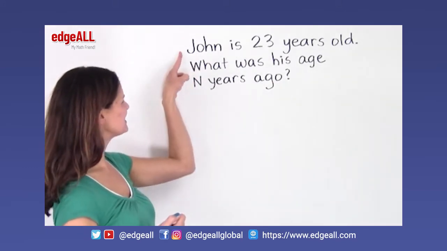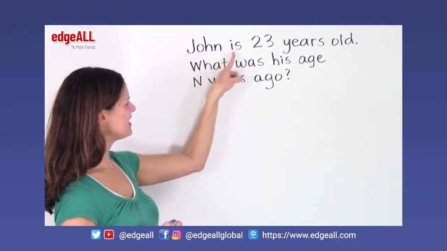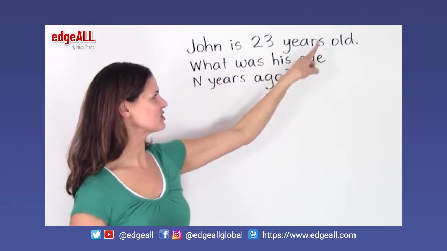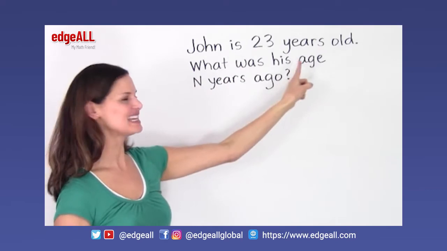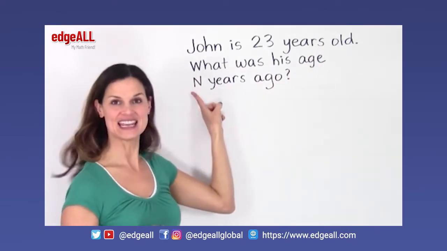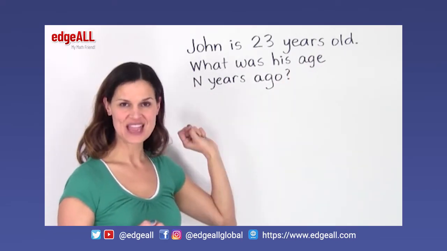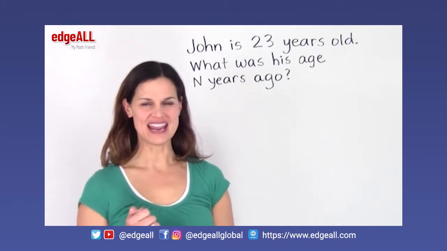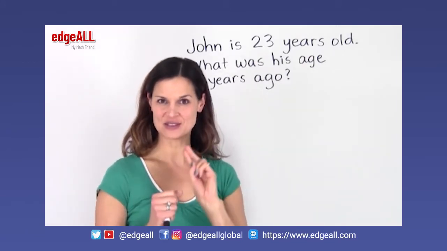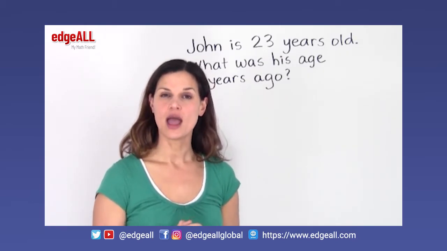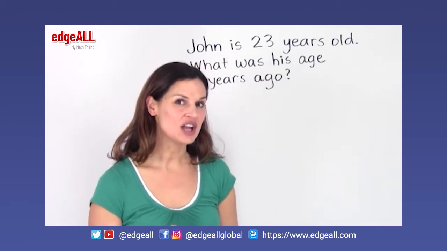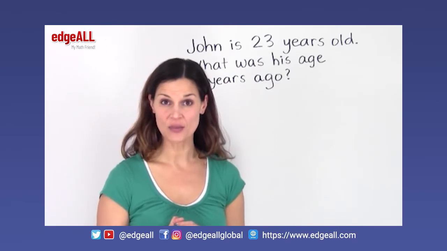So I have a sentence here that says, John is 23 years old. And my question is, what was his age n years ago? So let's imagine for a minute if you know that John is 23 years old, and I ask you, how old was John 2 years ago?